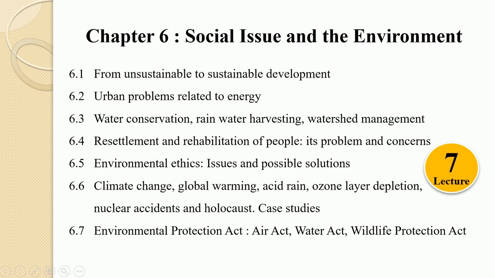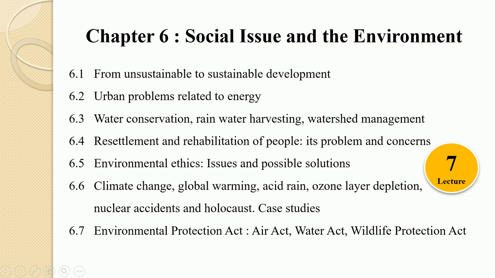Then the second point is urban problems related to energy, water conservation, rainwater harvesting, and watershed management. This is just to overcome the problem or scarcity of usable water or drinking water. Then resettlement and rehabilitation of the people, its problems and concerns.